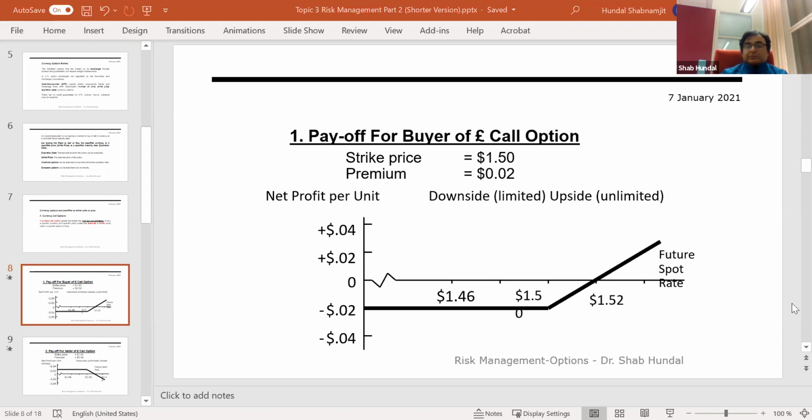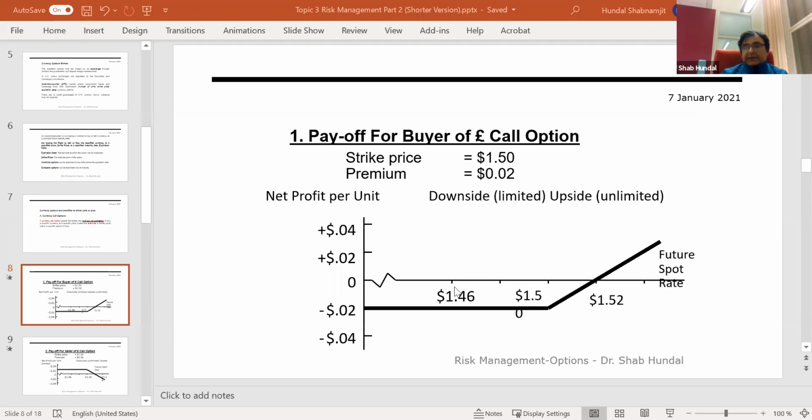No. Very well said. You will not exercise the option because in the contract, you need to pay 1.50 American dollars for one British pound, whereas you can buy a British pound at 1.46. So why should you pay 4 cents more?